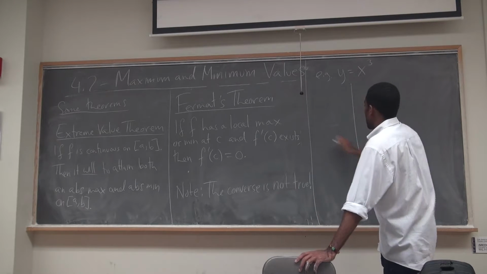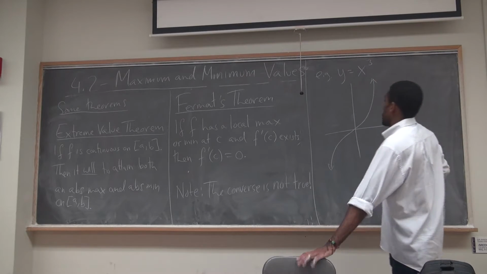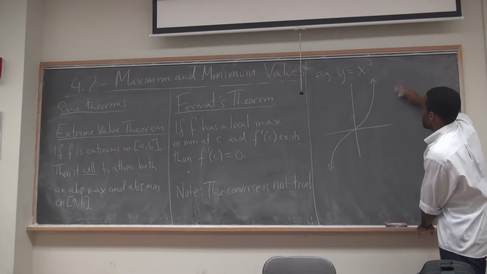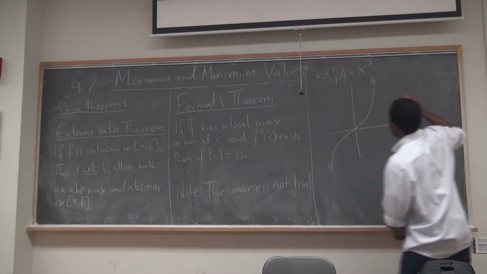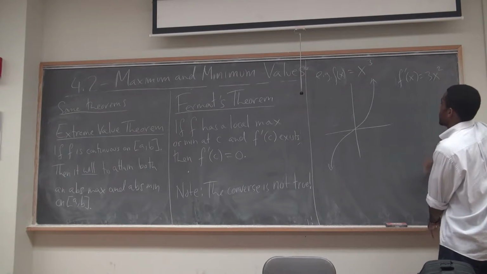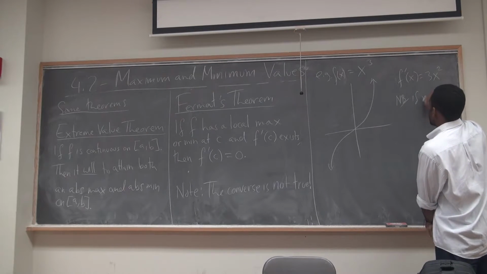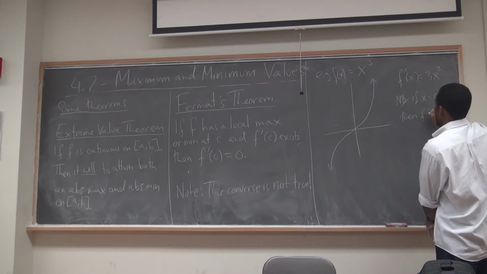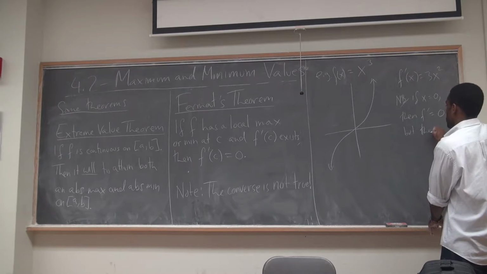Now if you look at that function, and that's f of x, and I ask, what's f prime of x? Well, that's just 3x squared. Note, if x equals 0, then f prime is 0, but there's no max or min at 0.